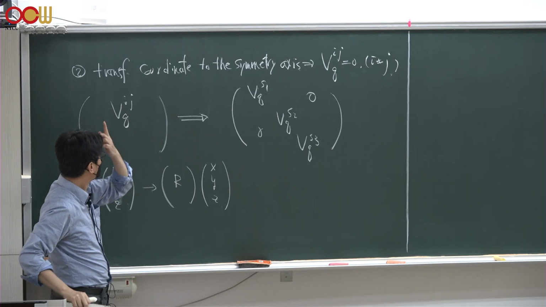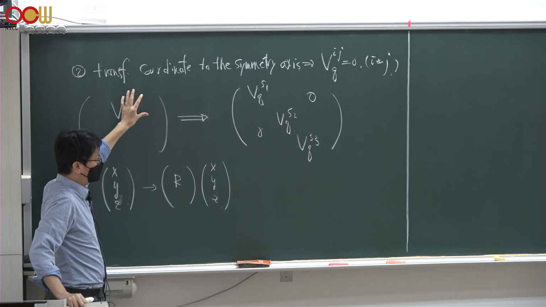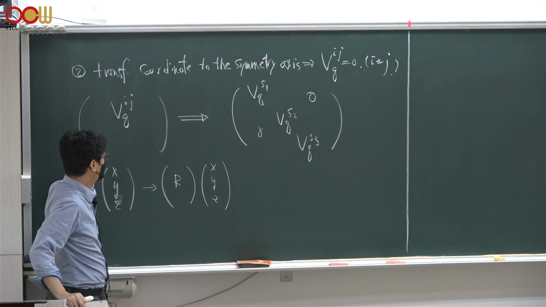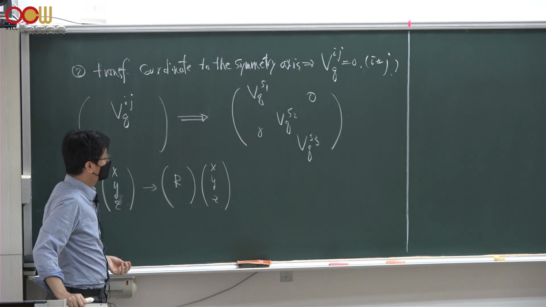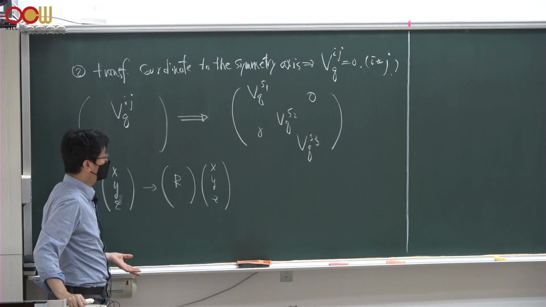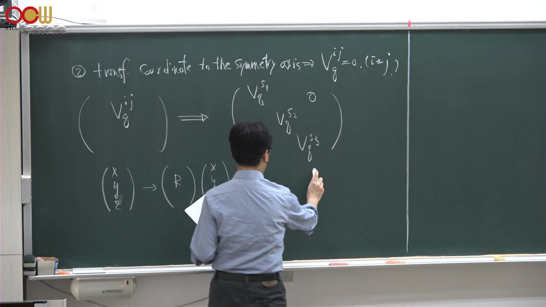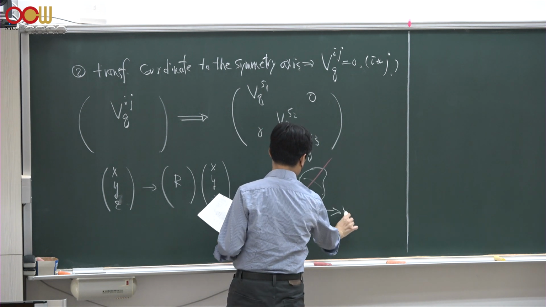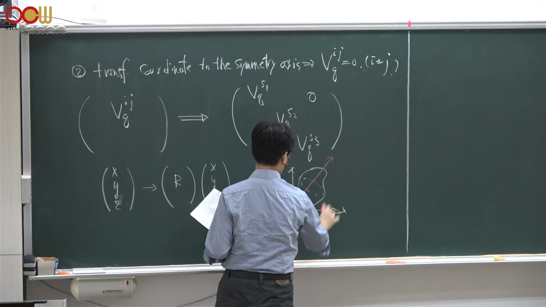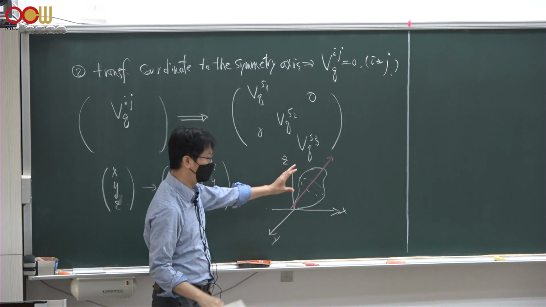So let's continue. Once we have done the site diagonalization, the remaining job is to diagonalize the 3 by 3 matrix, and this can be done following a similar procedure to what you learned in classical mechanics, namely the rigid body rotation. Suppose this is a rigid body and it's a symmetrical top, right?